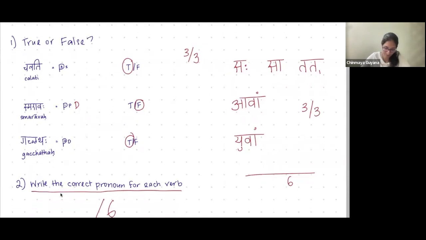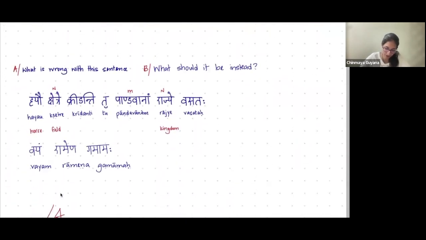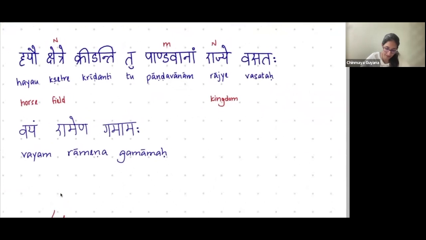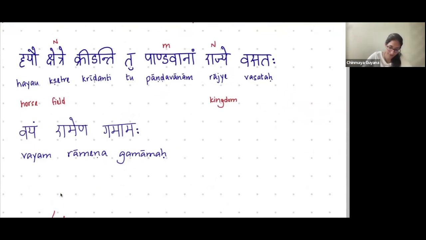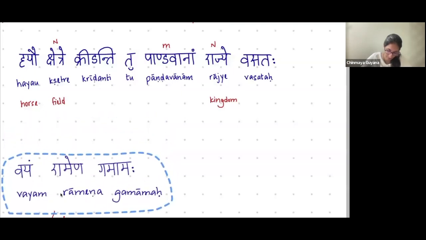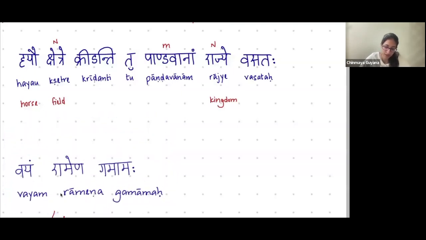Okay. Now I come to the next question. What is wrong with the sentence and what should it be? So the first question is Hayau kshetre kridanti tu pandavanam raje vasataha. So now you see, what is your question to ask?